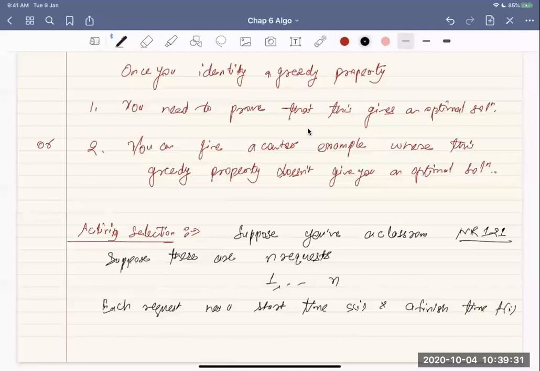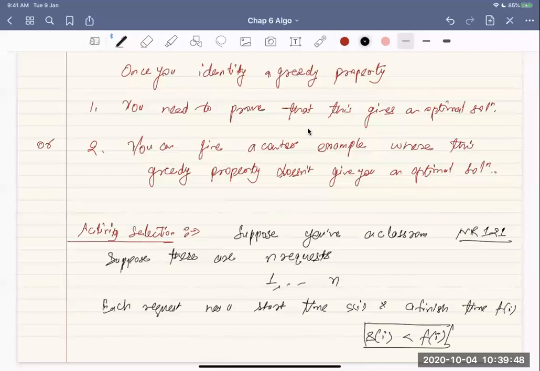And obviously they will run for some time, so SI has to be strictly less than FI. Okay. Now, what is the problem? They all want to do classes and they should do classes. So what is the problem?